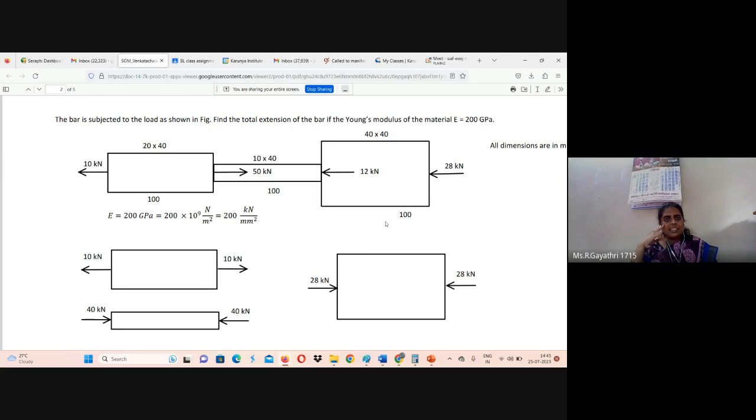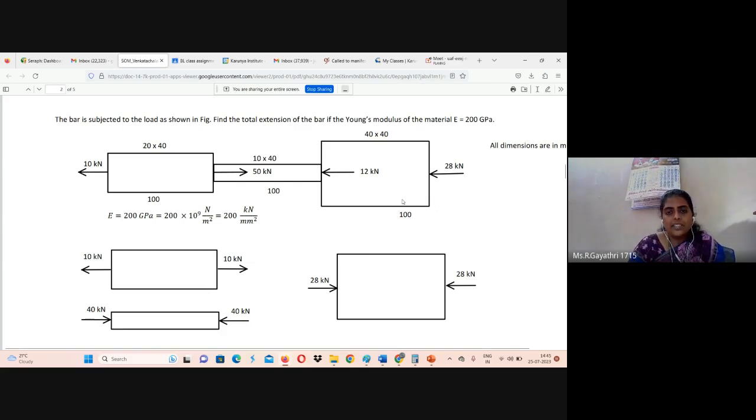Usually cross section means width into thickness or width into depth. We know every object has 3 dimensions: length, width and depth or thickness. So here 20 into 40 means width into thickness, that is the cross section of the bar of the first section. Length of the first section is 100.